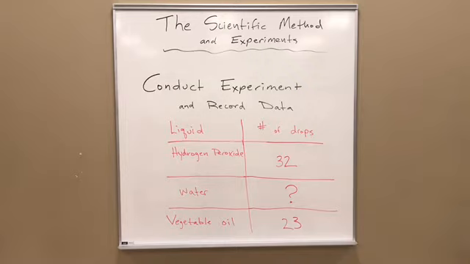So as you can see, for our hydrogen peroxide, we got 32 drops, and with our vegetable oil, we got 23 drops. You will be making a bar graph, and then we will be drawing conclusions, which is the last step of the scientific process.